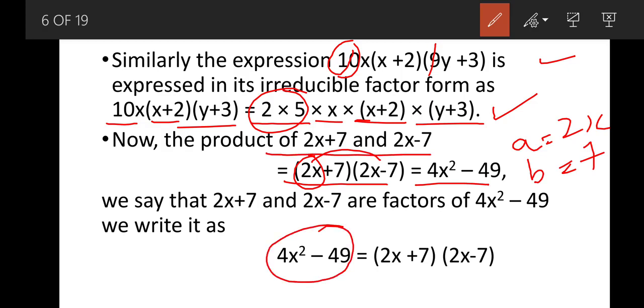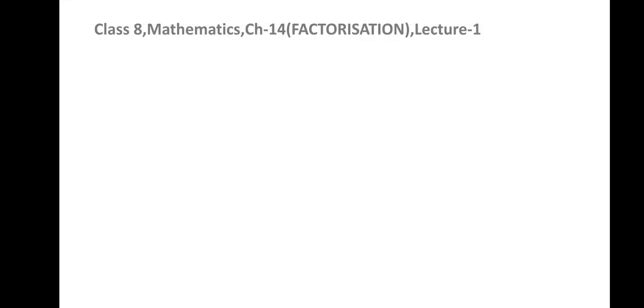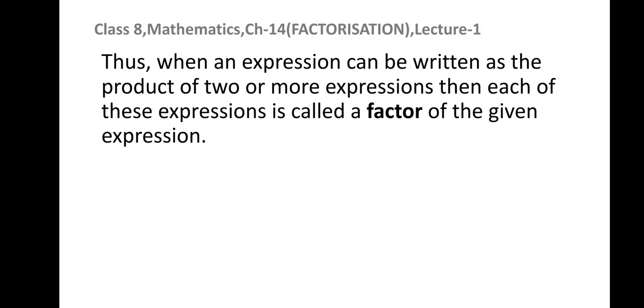So the product of 2x plus 7 and 2x minus 7 will give you 4x square minus 49, and these are the factors of 4x square minus 49. First of all, you should understand what we mean by factor, and then we will move to how to find the factors of an algebraic expression.